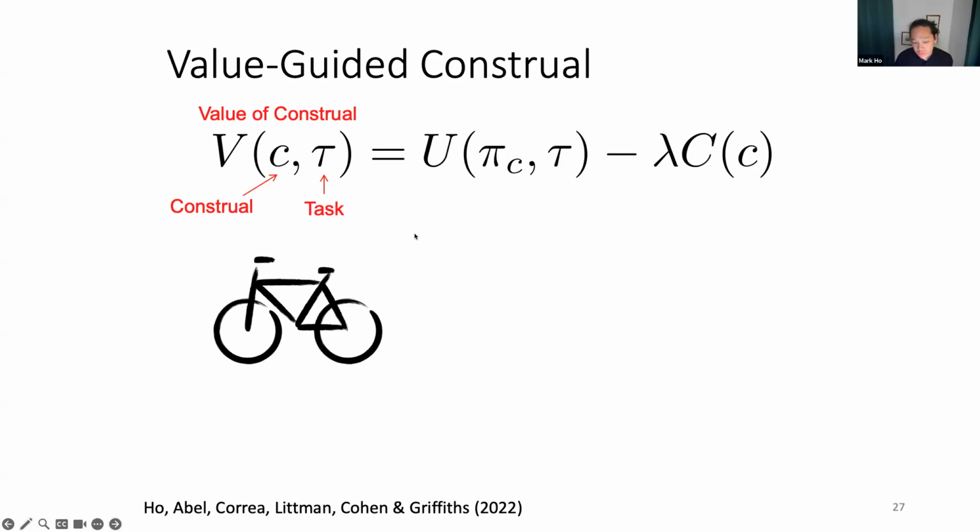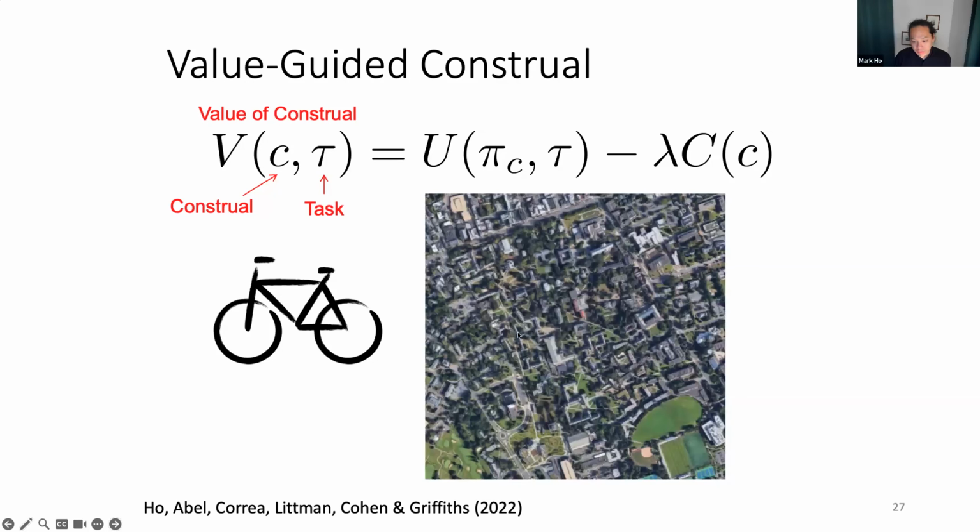To give an intuitive example, you can imagine riding a bike in some town. If you're starting in one location and trying to get to another, you might take some route to avoid buildings and get there efficiently.